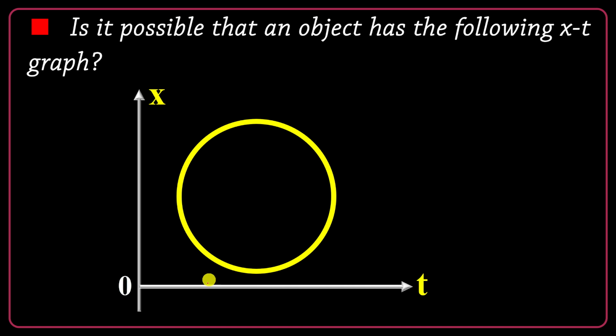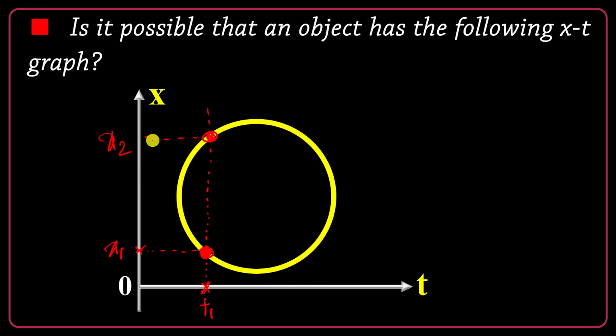Why? Suppose that I'm checking the object here at t, okay, at this time. Let's say it's t1. Then I draw a vertical line to find the graph and find the location of the object. It's interesting and very unbelievable because at that t1, the object is here at x1 and also here at x2. How is it possible?